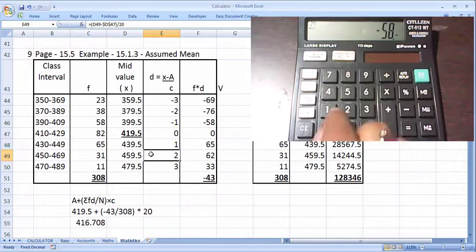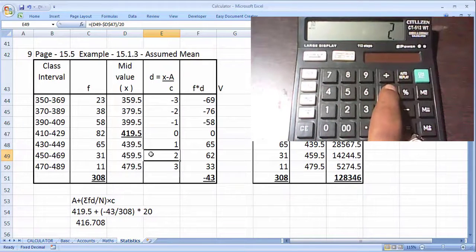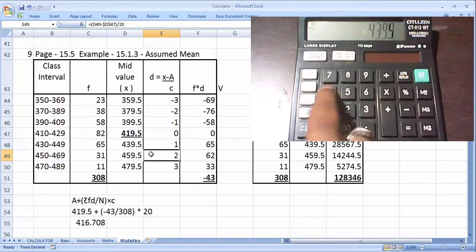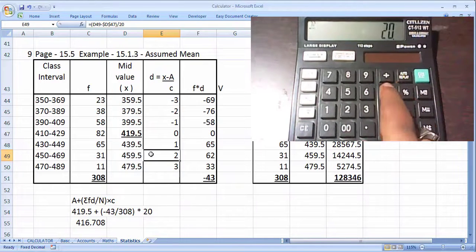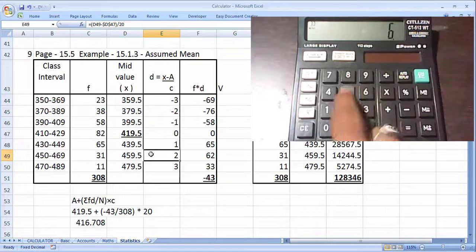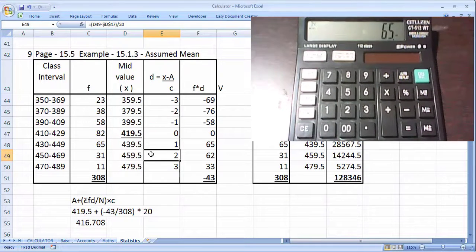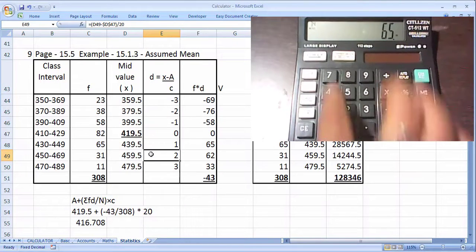Coming to the next one: 430 plus 449 divided by 2 gives the X value, minus 419.5 assumed mean, divided by 20 as class interval, and into 65 as the frequency, so we got 65 itself.